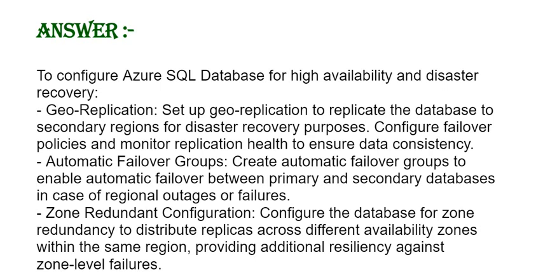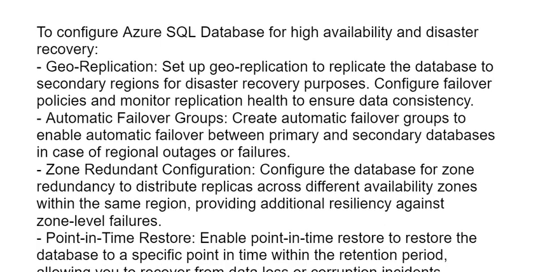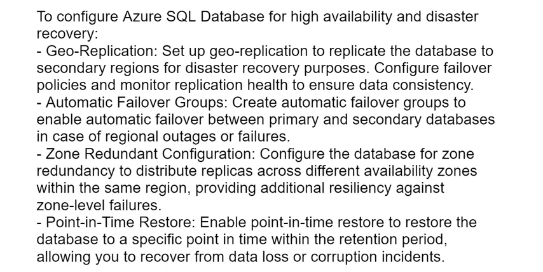The second one is automatic failover groups. Create automatic failover groups to enable automatic failover between primary and secondary databases in case of regional outages or failure. The third one is zone redundant configuration.